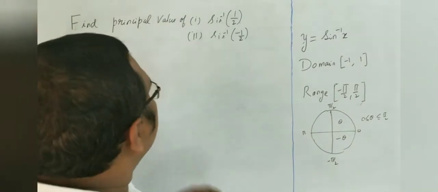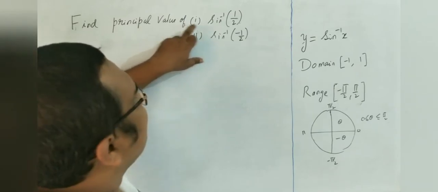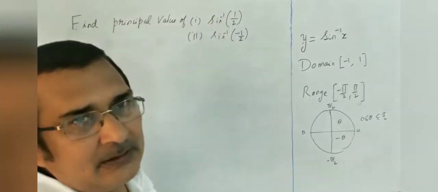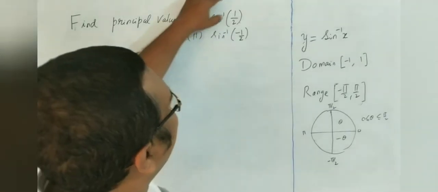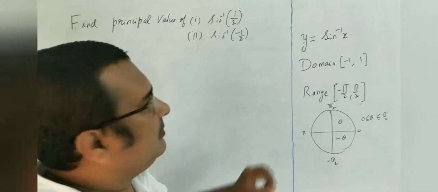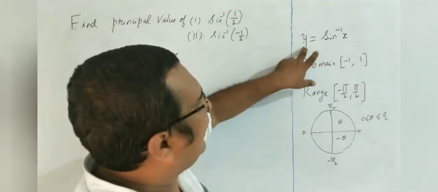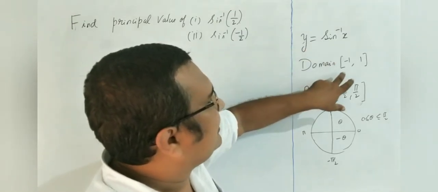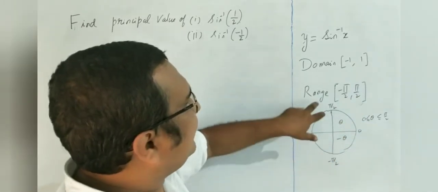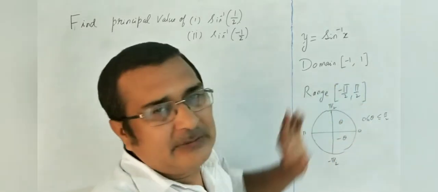So in this question, we have to find the principal value of sine inverse 1 by 2 and sine inverse minus 1 by 2. Deliberately I have taken one positive and one negative value. For this, we need to know that the domain for y is equal to sine inverse x is the closed interval from minus 1 to 1, and the range is the closed interval from minus pi by 2 to pi by 2.